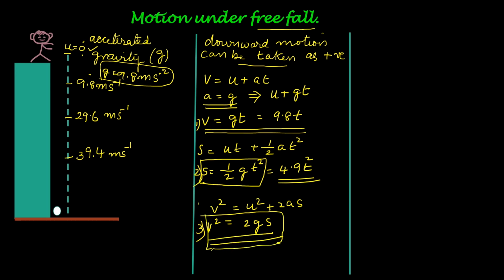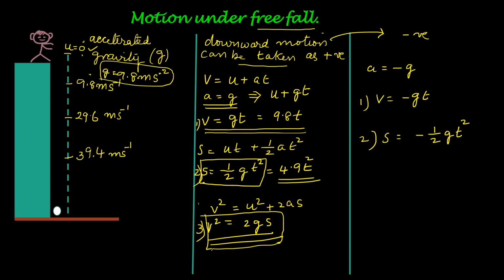Now we will consider these equations where the downward motion is taken as negative. In that case, a is equal to negative g. So the first equation will be v is equal to negative gt, negative 9.8 into t. The second equation becomes s is equal to negative half gt square, that is negative 4.9 into t square.